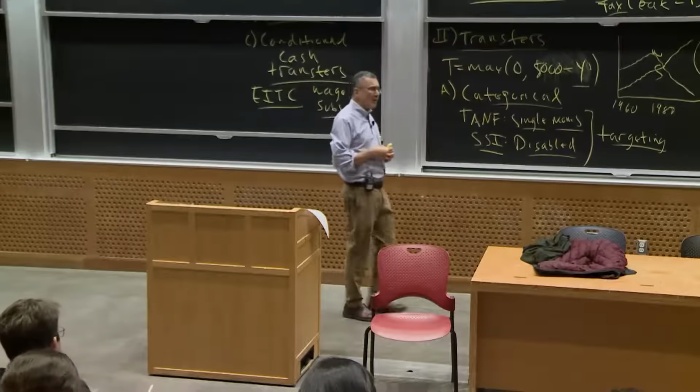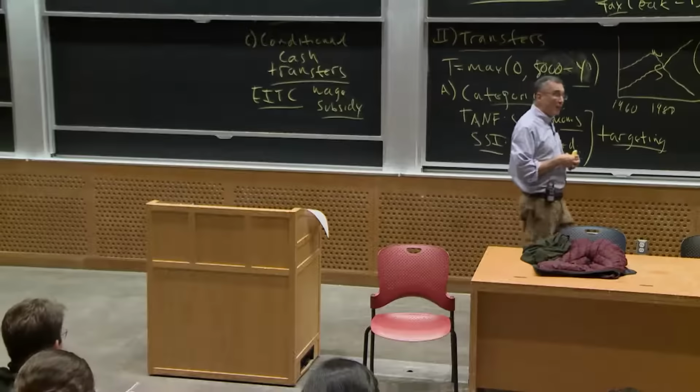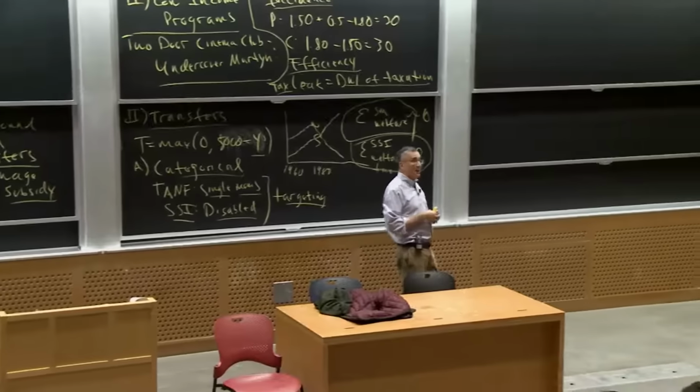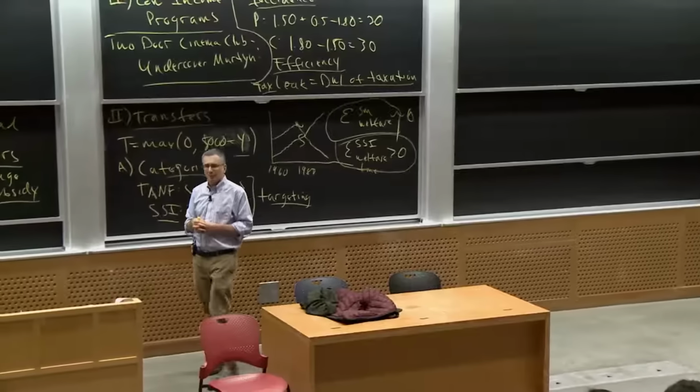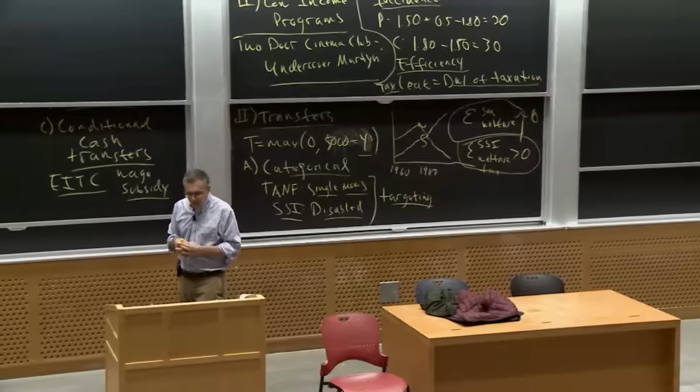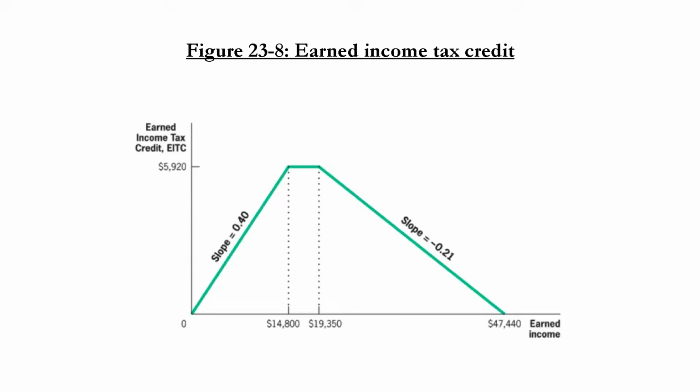The Earned Income Tax Credit is such that whenever you earn money, the government says, instead of taking some away, we'll match it, as long as you're poor. So if we look at figure 23.8, this shows how the Earned Income Tax Credit works. On the x-axis is earned income. On the y-axis is the amount of the EITC you get.